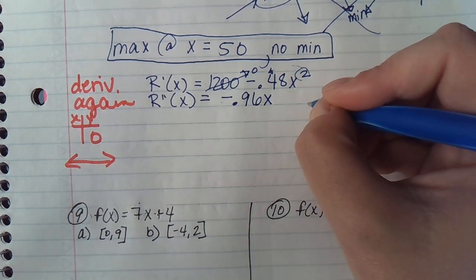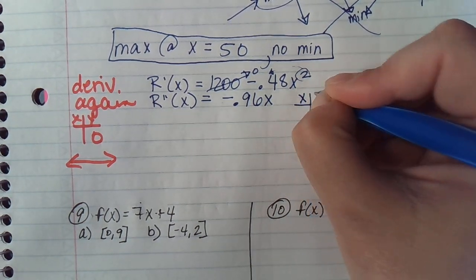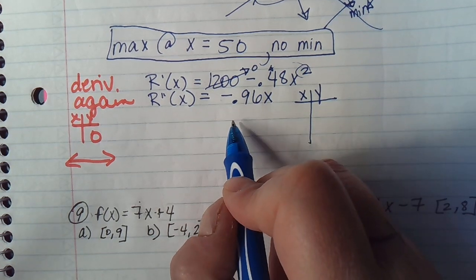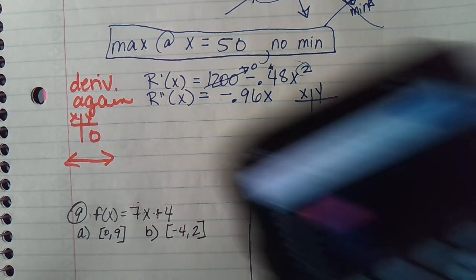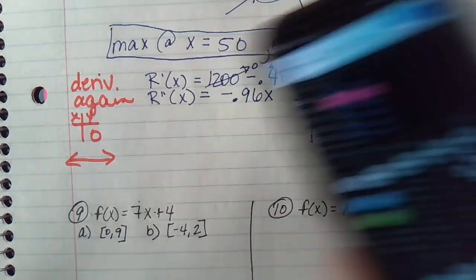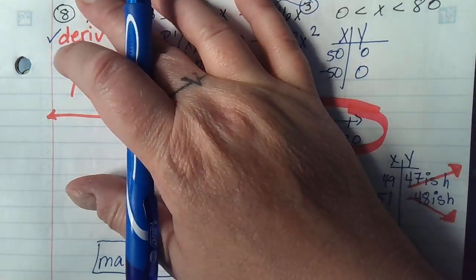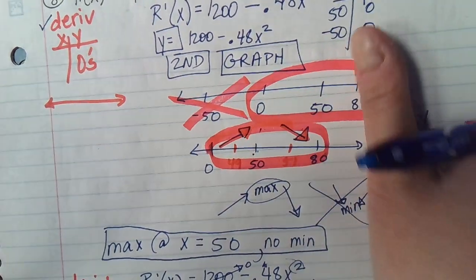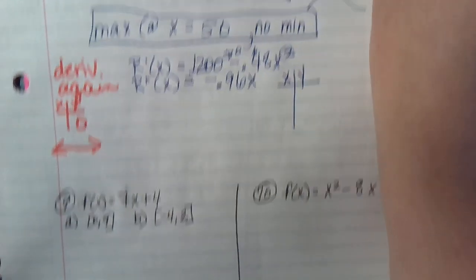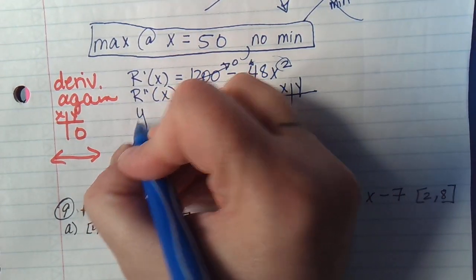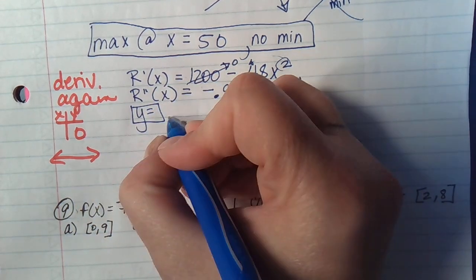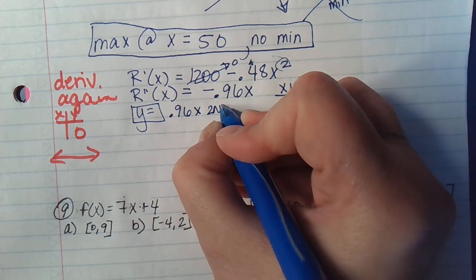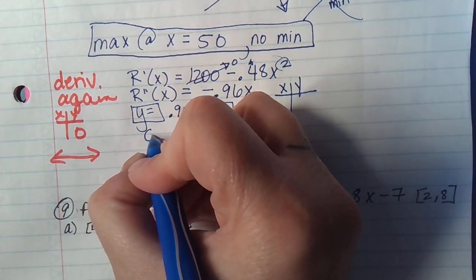Okay, now we're going to look at the t-chart, but for this 0.96x. So we're not going to look at the t-chart that's already on my calculator, because that t-chart is for this equation. 1200 minus, yeah, that's not the equation we just wrote down. Okay, so we're going to go to y equals, type in that 0.96x, then press second graph.